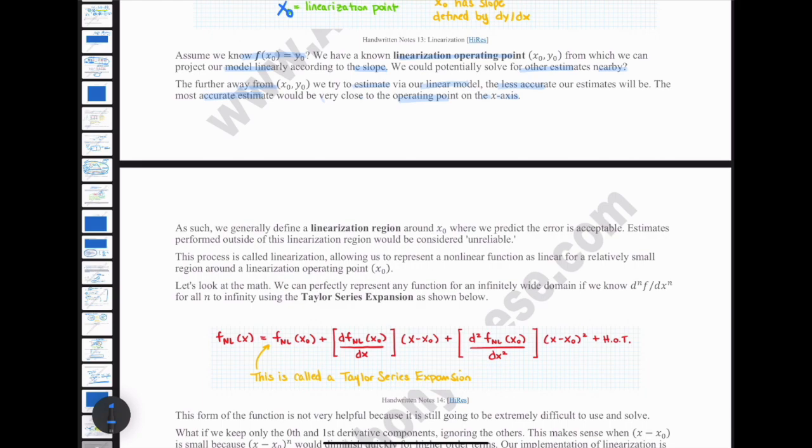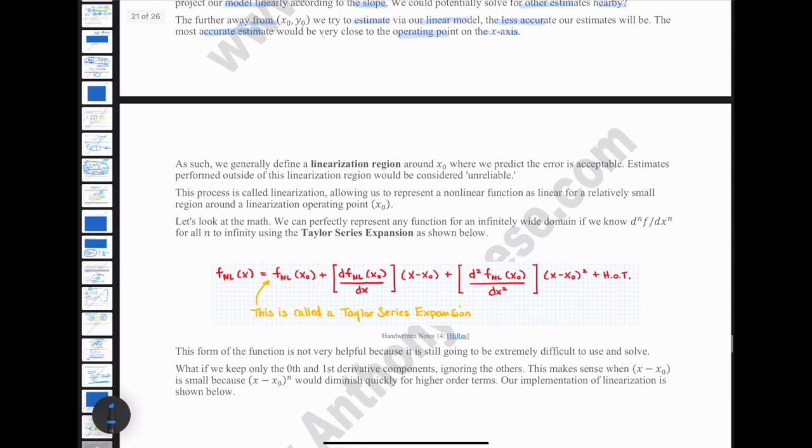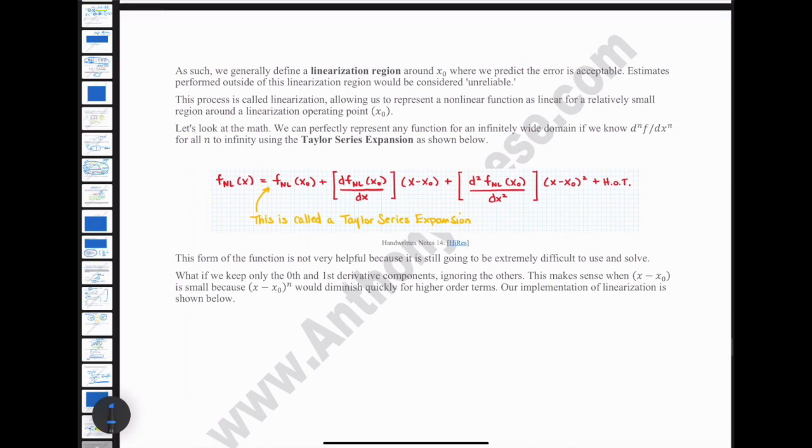And that makes sense because the ideal solution would be to lie right on top of that point. As such, we generally define a linearization region around our operating point, where we predict that error is acceptable. Estimates performed outside of this linearization region would be considered unreliable.